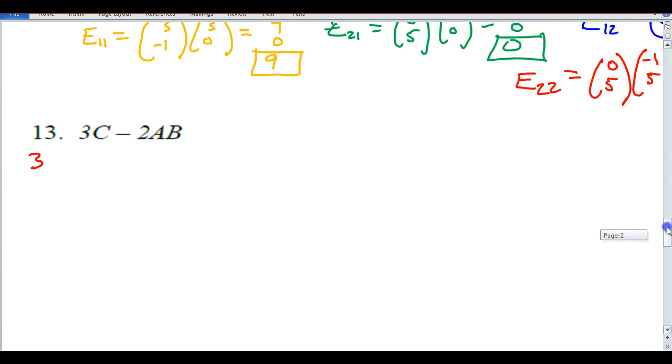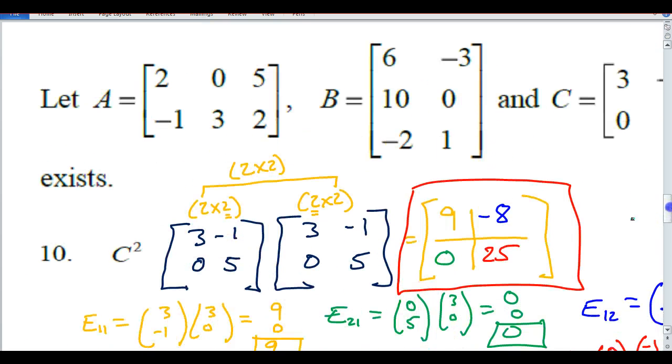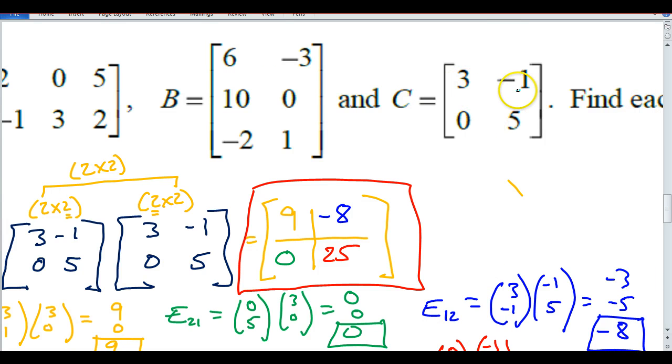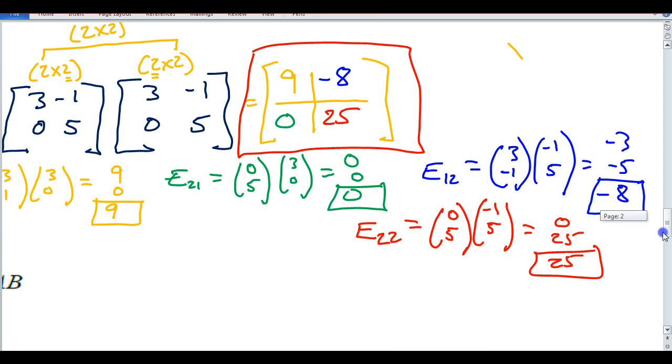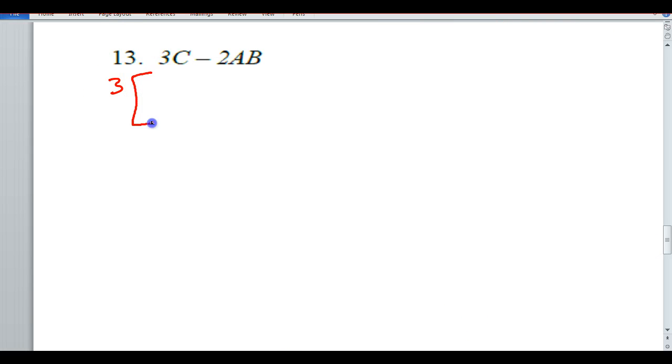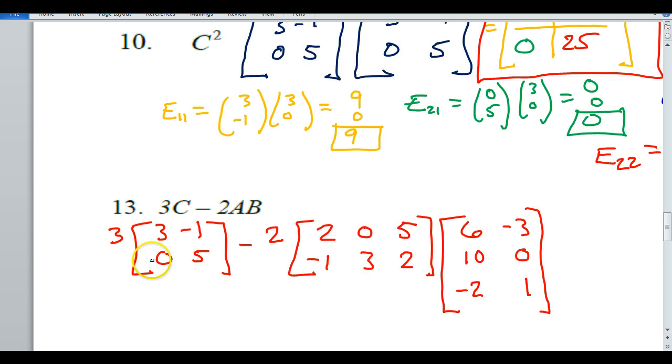Alright, so I'm doing 3 times, let's see what we got here. 3, negative 1, 0, and 5. Okay, so that's 3C minus 2 times A times B. Alright, so here's a little picture of what's happening.